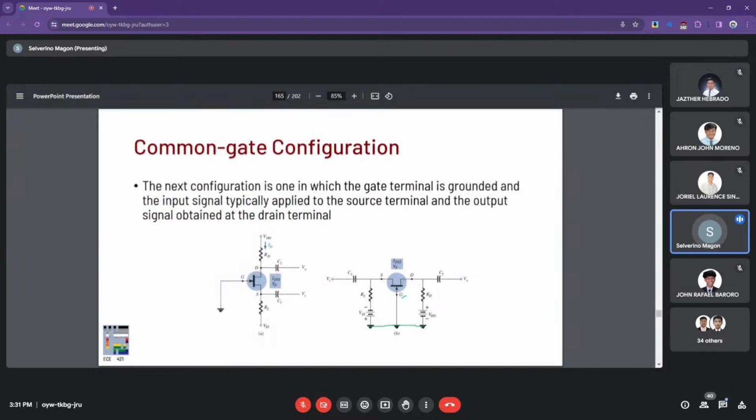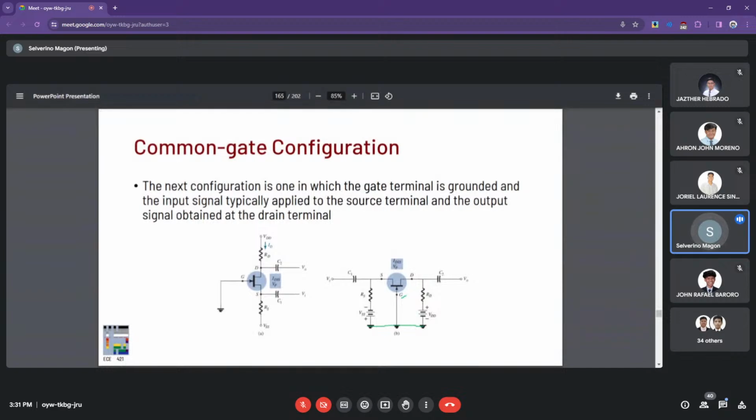Now, another thing is the common gate configuration. This is analogous to our common base configuration. In this case, we have supply for both the drain and source connections, while the gate is directly connected to the ground.